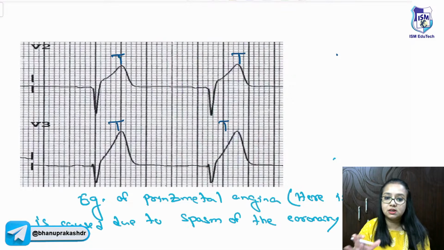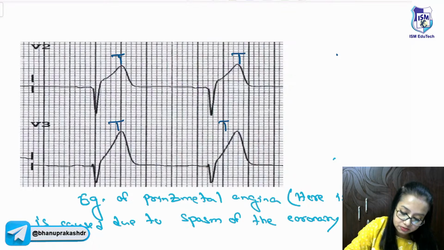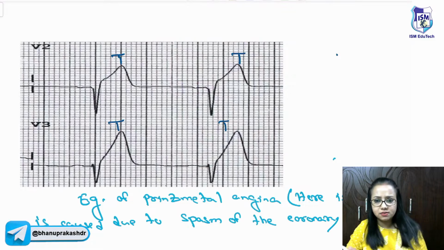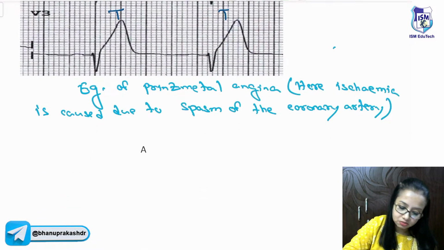This T wave is broad and peaked and wide. It is very loud as seen in V2 and V3. Since it is V2 and V3, you see the R wave is hardly visible. It is kind of masked due to the T wave. So here you see in Prinzmetal angina also you find a very loud and prominent T wave.